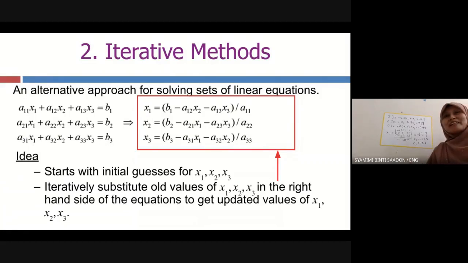For example, if x is temperature, a set of temperature values T1, T2, T3 that you need to solve.